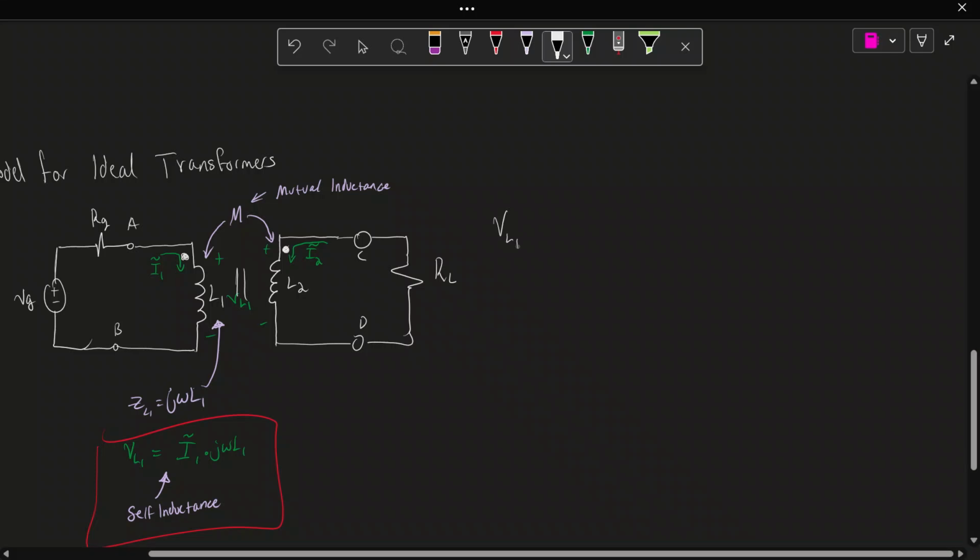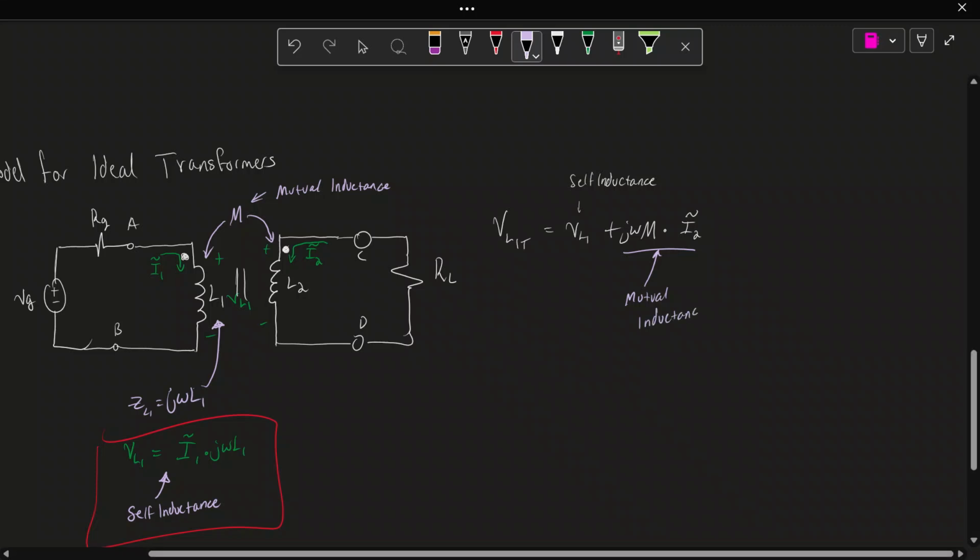So we'll say VL1 total is equal to VL1, its self-inductance, plus M times di. Well, if we're going to do it in the phasor domain, we would have to change this to j omega M times I2. This is its mutual inductance, and this is going to be in the phasor domain.